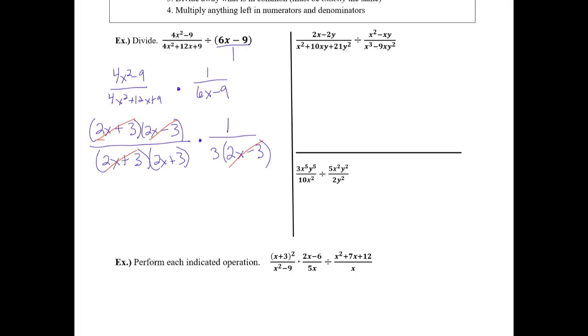That looks like all I can do. I multiply everything that's left. So in the numerator, there's only a 1. In the denominator, I have a 3 and 2x plus 3, which I could leave like that, or distribute the 3 through and get 6x plus 9. Either way.